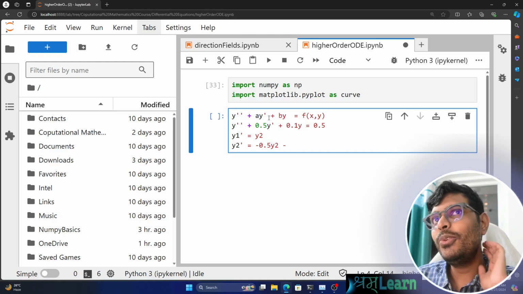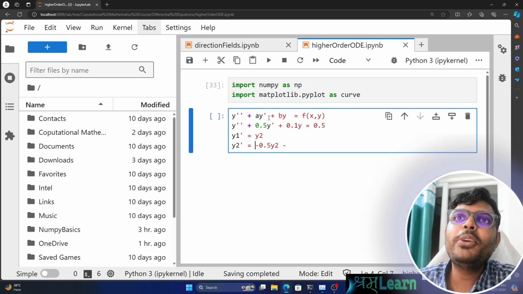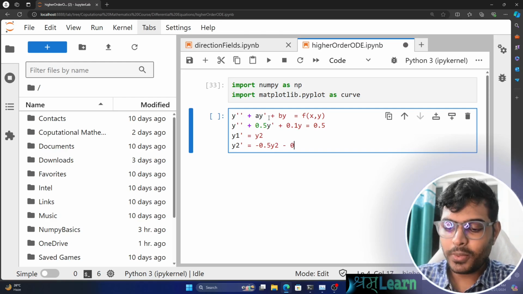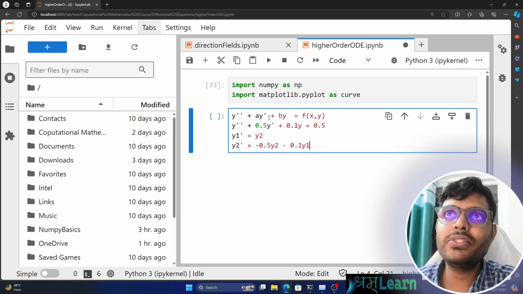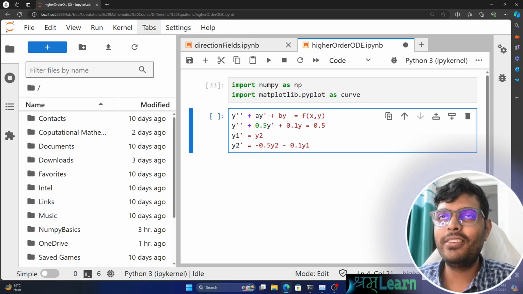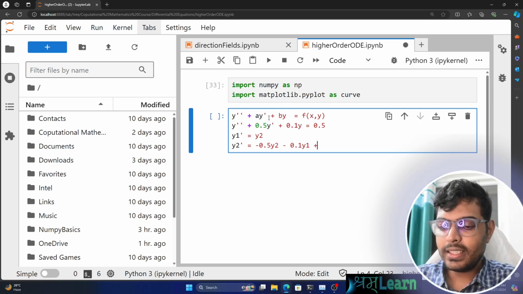I don't want to write in terms of dash anymore because we have y2 dash here. And 0.1 y is nothing but 0.1 y1, since y was y1. So this is the case we have.